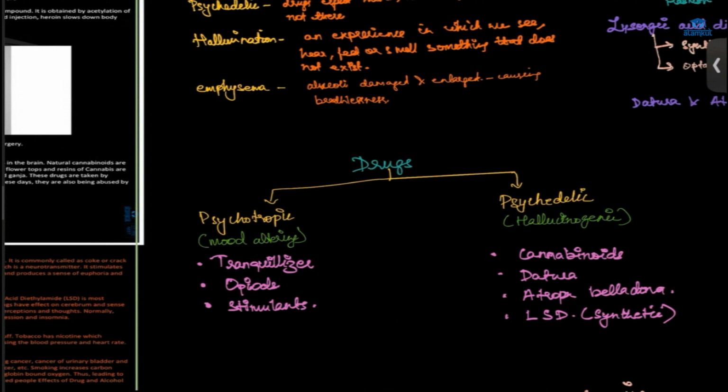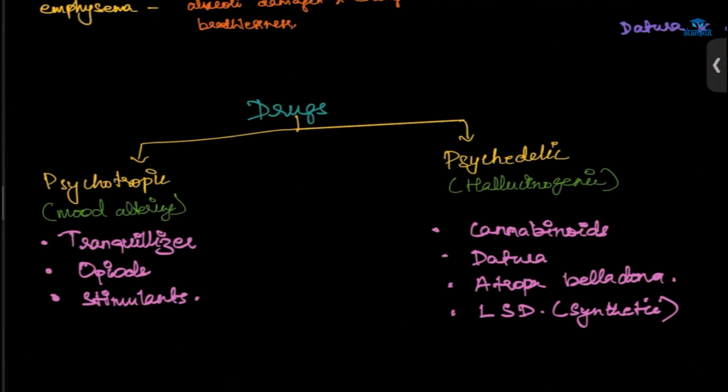What they think, they see. That is hallucinogenic. In mood altering, we have three types: tranquilizer, opioid, and stimulants. In psychedelic, we have cannabinoid, datura, atropa belladonna, and LSD.